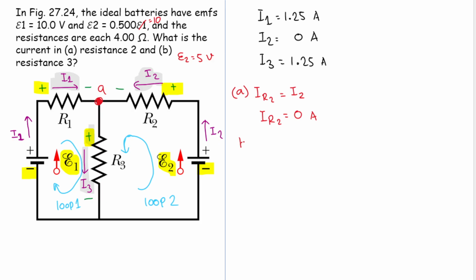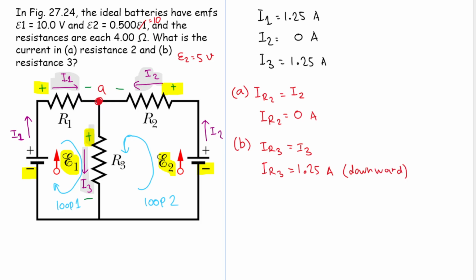Okay, and now what is the current that passed through R3? That is a different story. So I'll have IR3 here, and that will equal to I3. Okay, because we have the magnitude here, so that will be 1.25 ampere. And the direction is correct because we have the positive value here, right? So the direction is downward.